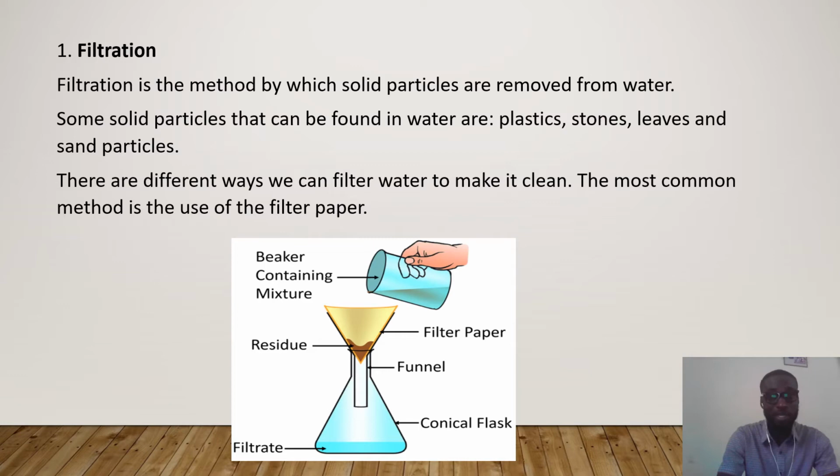Some solid particles that can be found in water are plastics, stones, leaves, and sand particles. There are different ways we can filter water to make it clean. The most common method is the use of filter paper.